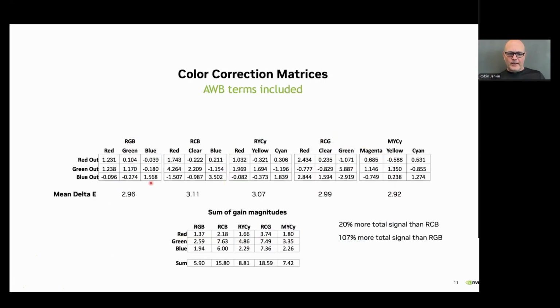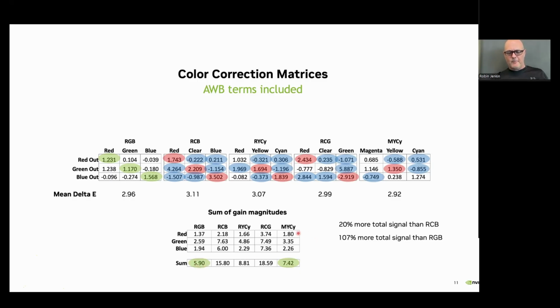And so if we do that and we add a magenta into this, which wasn't included in the original work, we actually get to this point where we improve the CCM terms quite a bit over the red, yellow, cyan. And also when we look at the sum of the gain magnitudes as well, we see it comes in second. It's pretty close to the RGB.